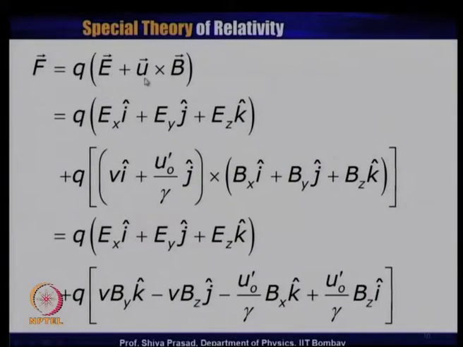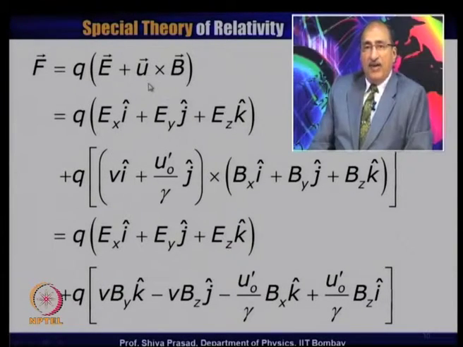F is equal to Q times E plus u cross B. E, like before, I have written as Ex i plus Ey j plus Ez k, plus Q times u, where I have written the x component, which was V, as V i, and the y component, which was u naught prime divided by gamma, as plus u naught prime divided by gamma j. Cross, again B, like before, Bx i plus By j plus Bz k.